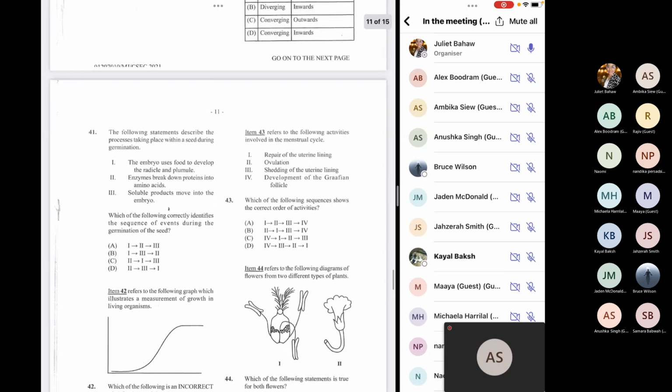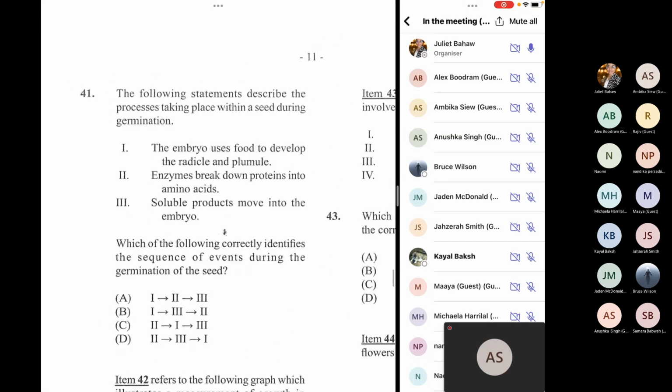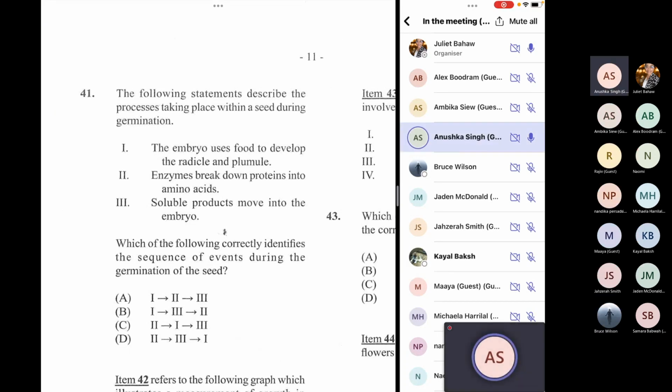And 41. The following statements describe the processes taking place within a seed during germination. Which of the following correctly identifies the sequence of events during the germination of the seed? I had B. D, right? D for dog.